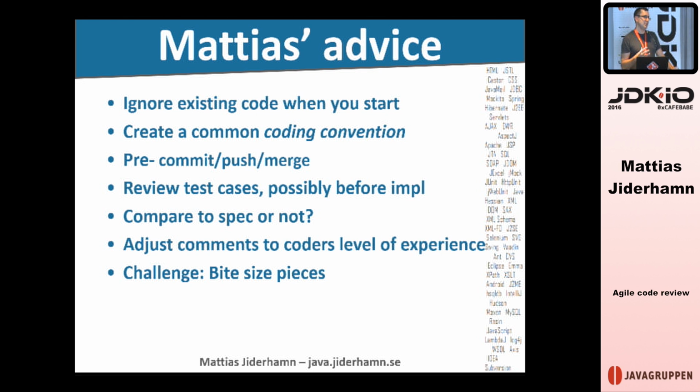One challenge when doing code reviews is to find bite-sized pieces. As I mentioned earlier, the recommendation is to review between 200 and 400 lines of code per occasion. And a while back, I did some statistics from our code review tool, and an average review of ours was 500 lines of code.